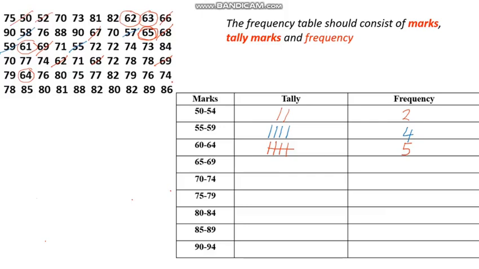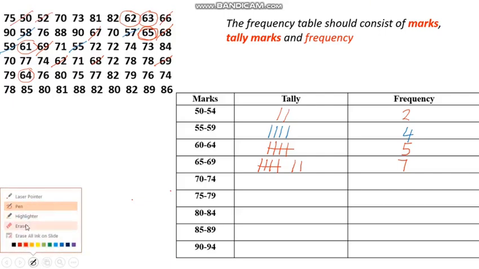So we have 7. That is from 65 to 69. So you write 1, 2, 3, 4, 5, 6, 7. So here you write a 7. I do hope that it's clear.